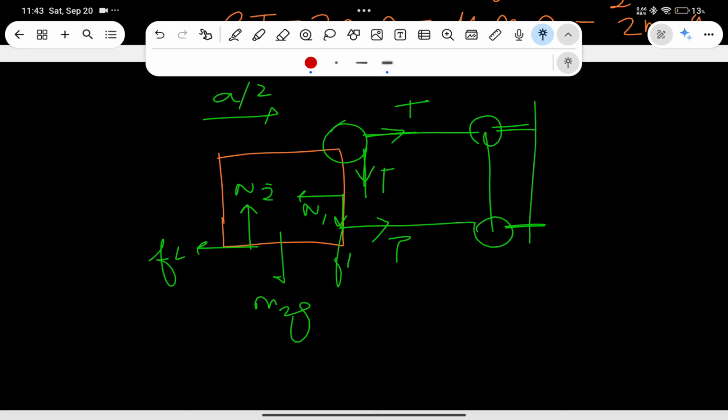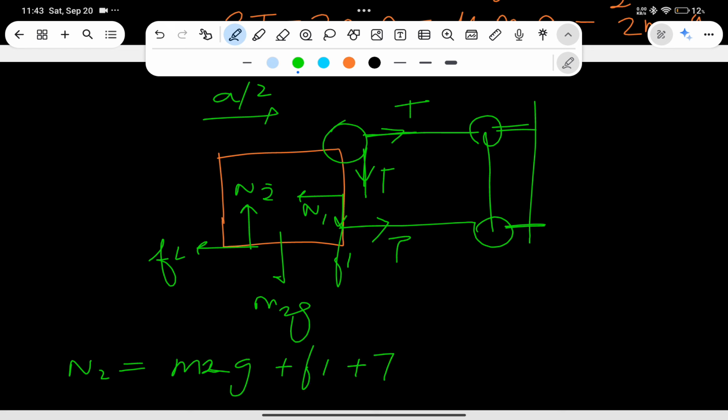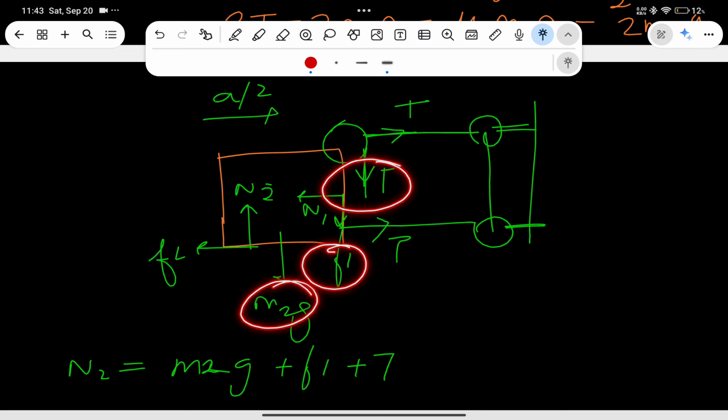Everything is done. Now I'm going to write for the vertical forces, which is n2 is equal to m2g plus f1 plus t, right? Because pulley will also be considered as a part of the system.